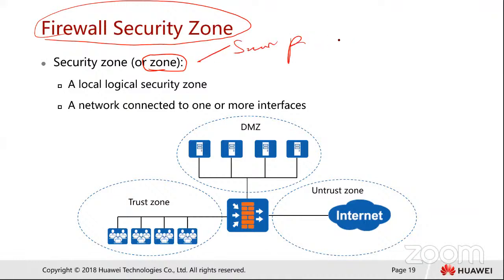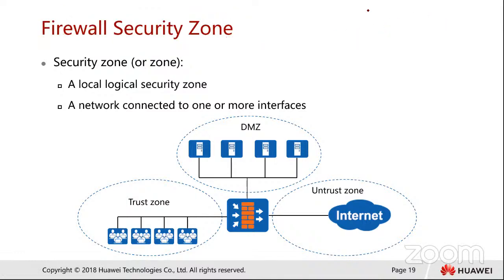Also, data flows within the same security zone bring no security risk and therefore require no security policies. And the firewall performs security checks and implements security policies only when data flows between security zones. So all devices on the network connected to the same interface must reside in the same security zone.